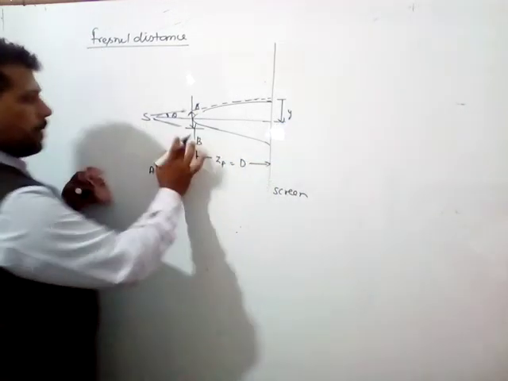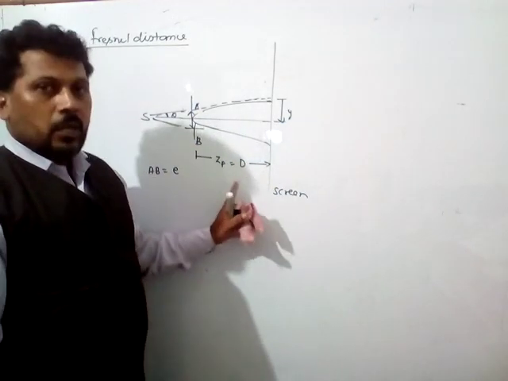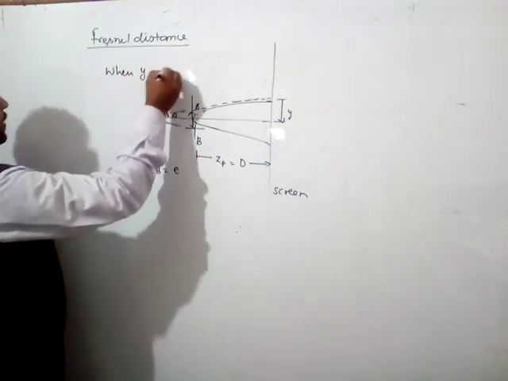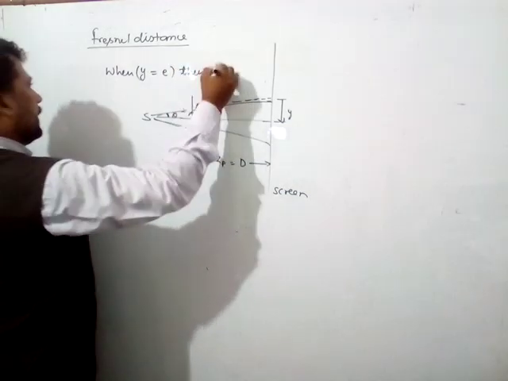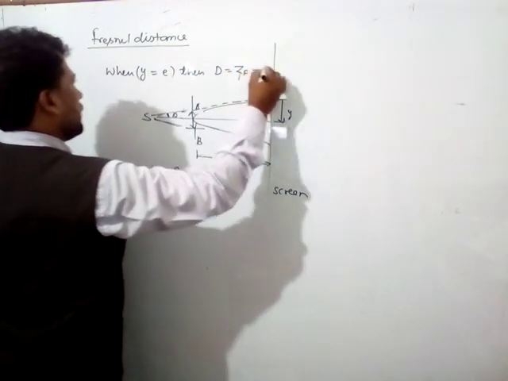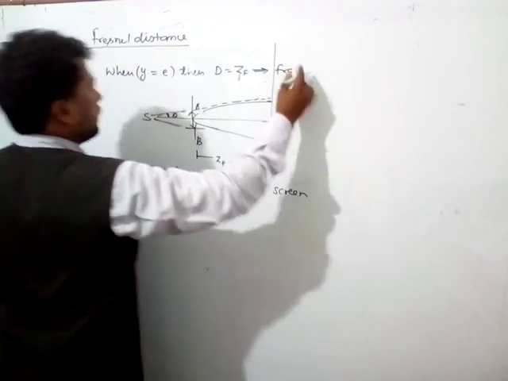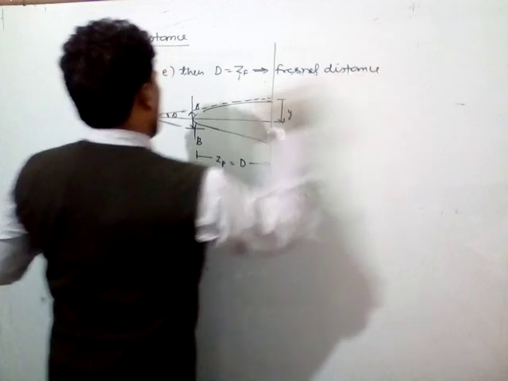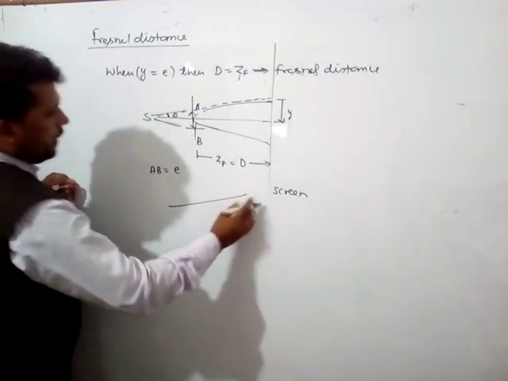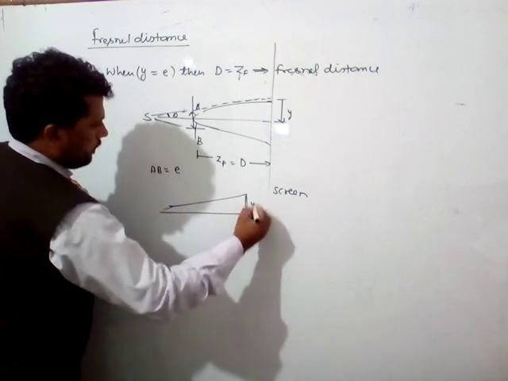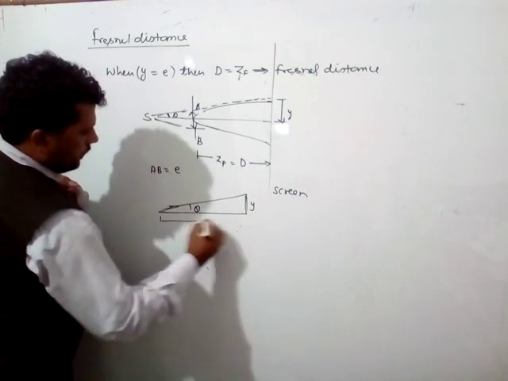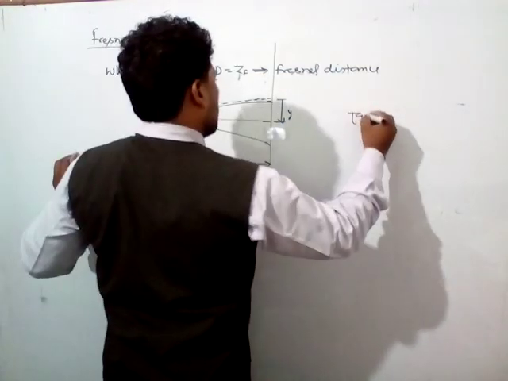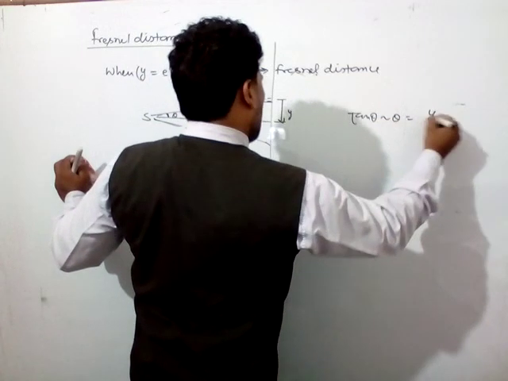So this distance from the hole to the screen, capital D, becomes the Fresnel distance when y equals e, then D will be ZF, and this is called the Fresnel distance. According to this triangle, tan of theta, which is approximately equal to theta, equals y upon d.